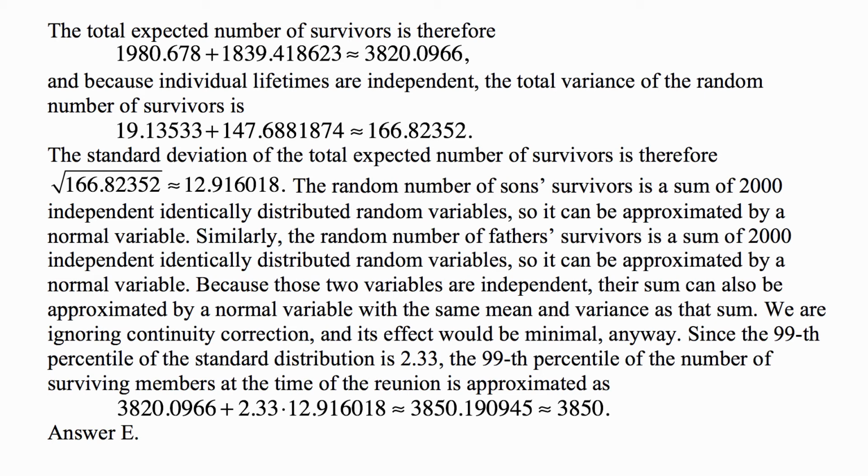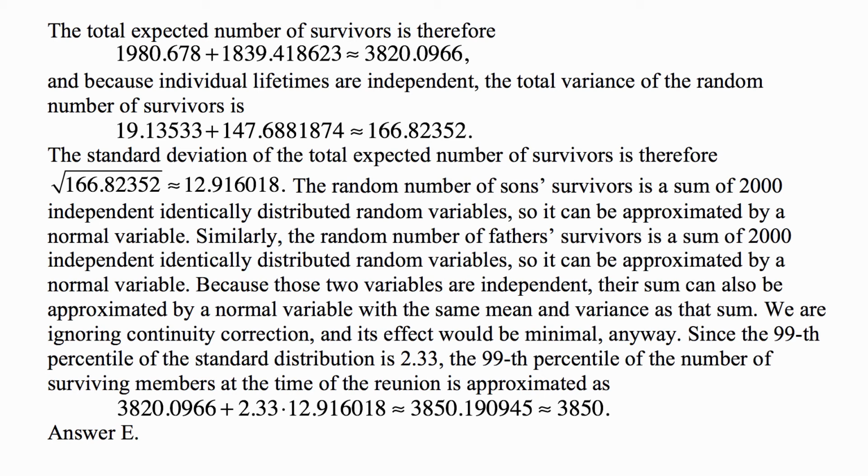The random number of survivors from the sons is a sum of 2,000 independent, identically distributed random variables, and the sum of independent, identically distributed random variables is approximately normal for a large number of random variables added. 2,000 is quite a lot.